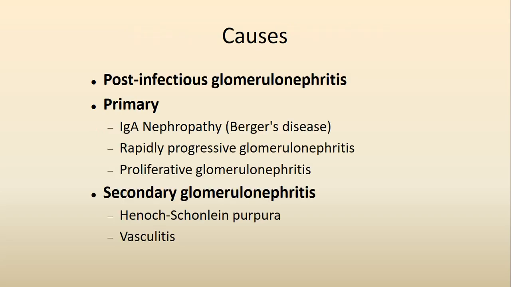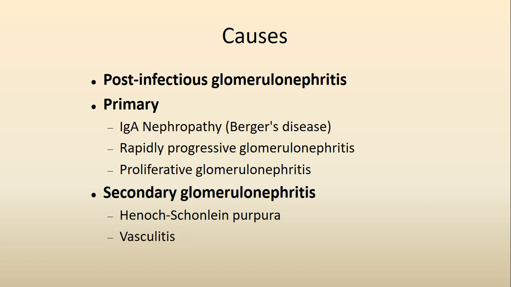The causes of the nephritic syndrome: post-infectious glomerulonephritis, as I defined, with a history of sore throat and hematuria after 2 to 3 weeks. Primary causes: IgA nephropathy or Berger's disease, in which there is synpharyngitic hematuria, a history of sore throat at the same time as hematuria. It can present with macroscopic hematuria, visible to the naked eye.